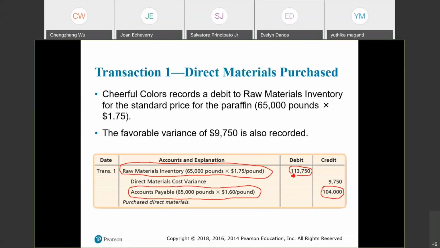This amount, $113,750, is the standard cost.